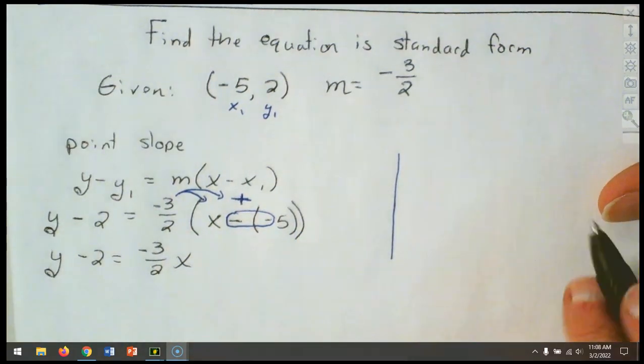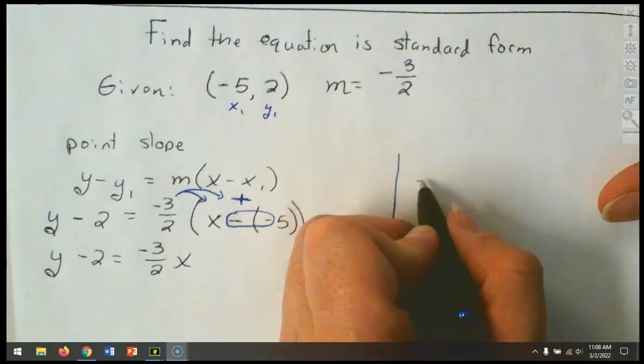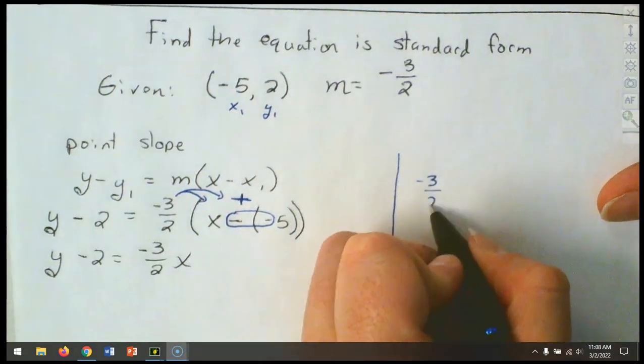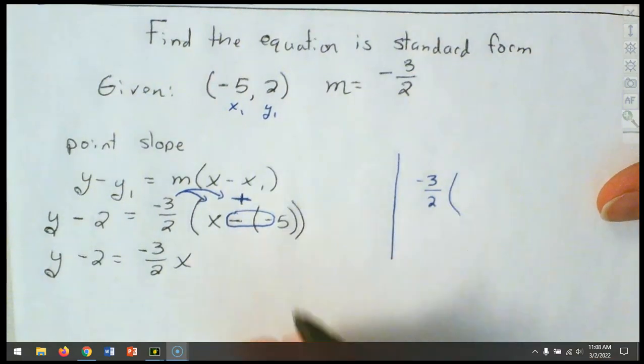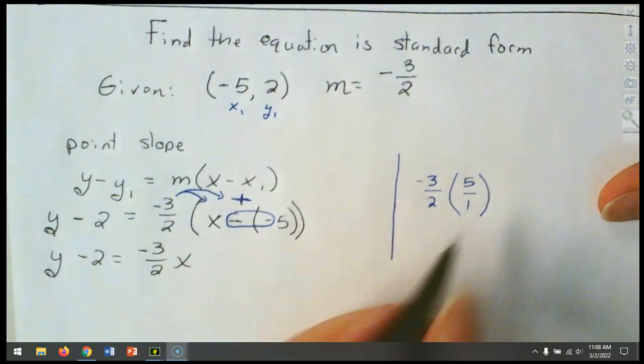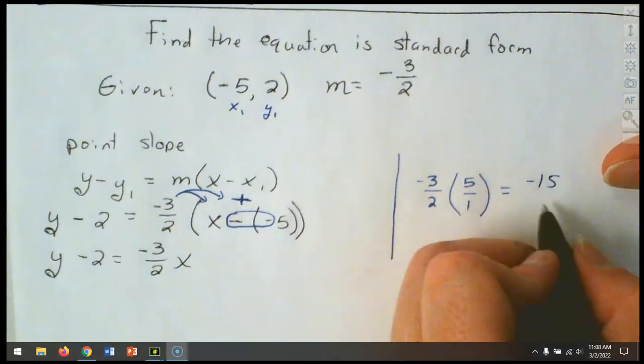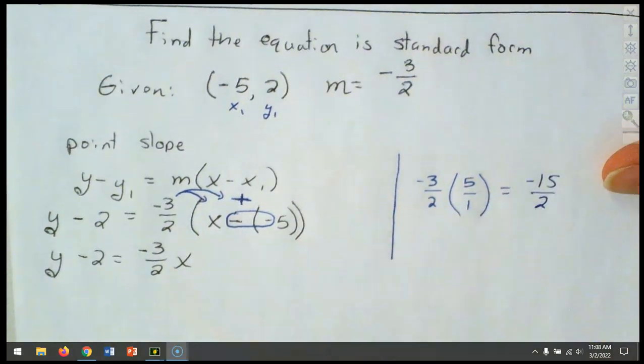Well, it helps when you struggle with how to see it, to write over the side: we've got a minus 3/2, and we're going to have to multiply it by 5 over 1. It's a 5. Now, nothing cancels, so we have to multiply across, and that leaves you then with a minus 15 over 2.